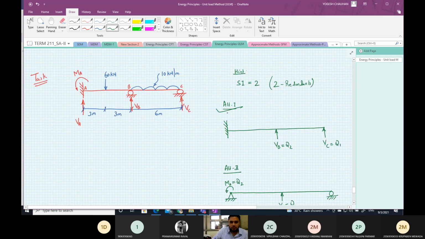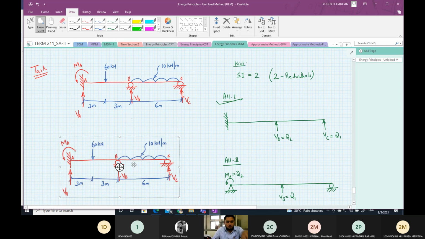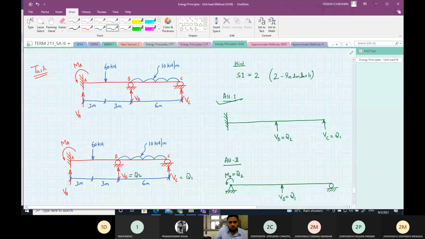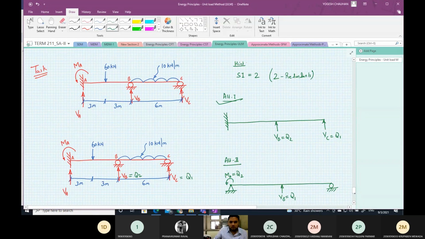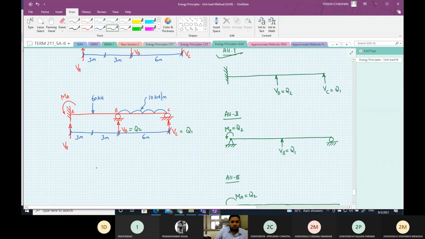Now for this alternative, you will have, this will be Q2, this will be Q1. Okay, and then you have to apply the unit load.